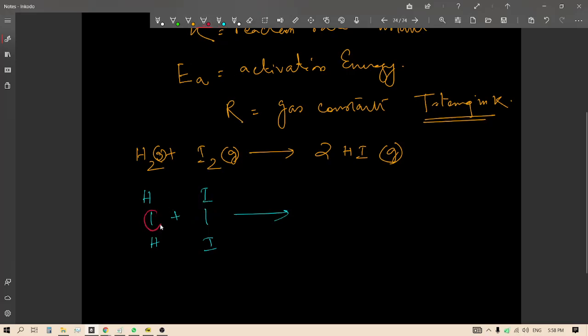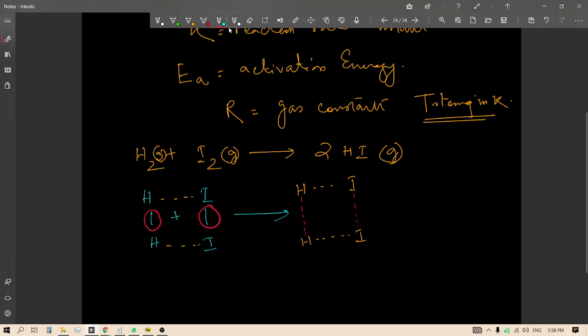The bond in red is broken, and the bond in orange is formed between them. So this will basically have this structure. The red indicates the bonds that are being broken, and the orange indicates the bonds that are being made.